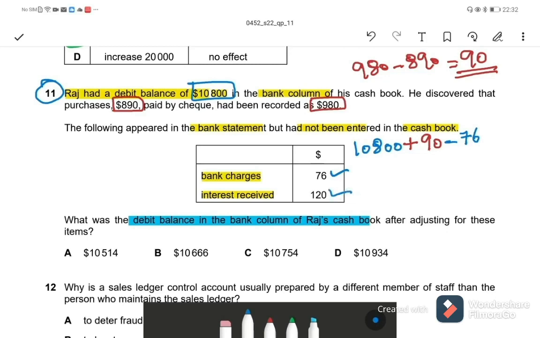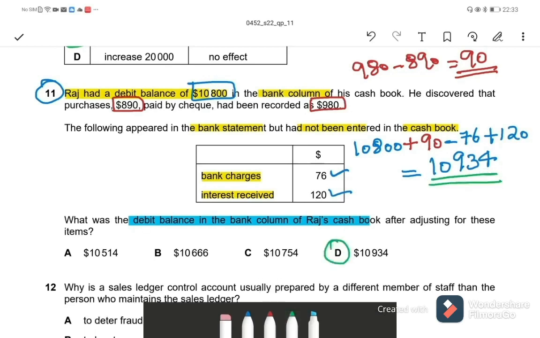So 120 we will add. So the correct answer is 10,934. Answer D is the correct one.